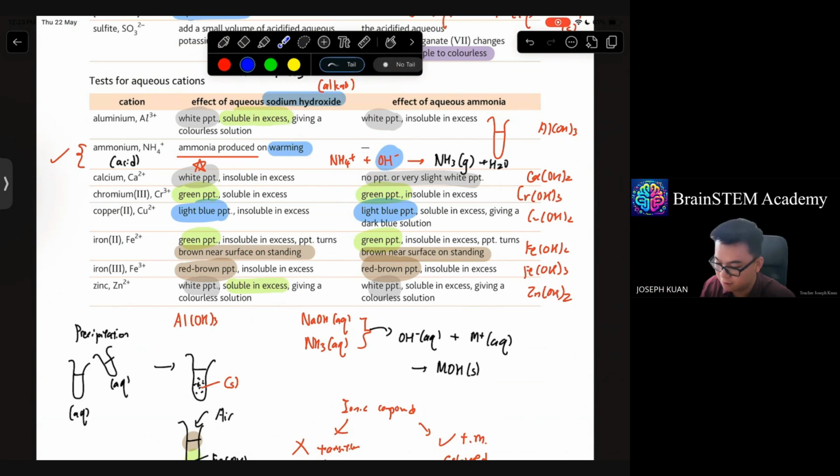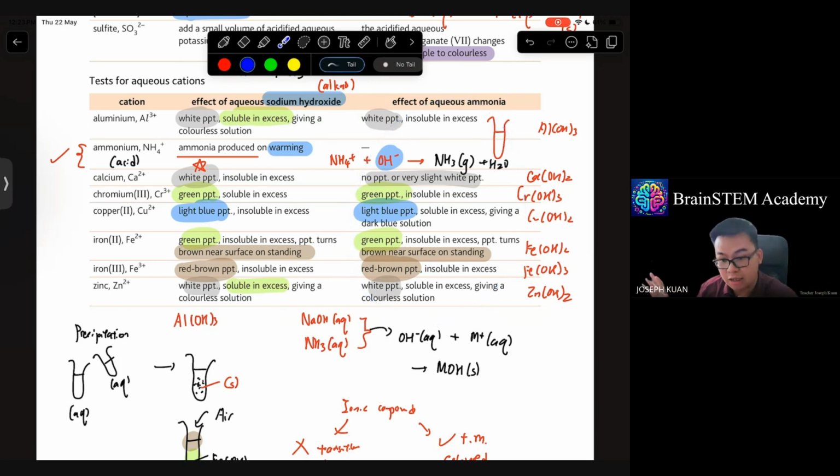So it turns out your zinc oxide, zinc hydroxide, and aluminum hydroxide are amphoteric. And what do amphoteric oxides, amphoteric hydroxides, do? They actually react with alkali. That's why they're soluble in excess, but not for your calcium. Not for your calcium.